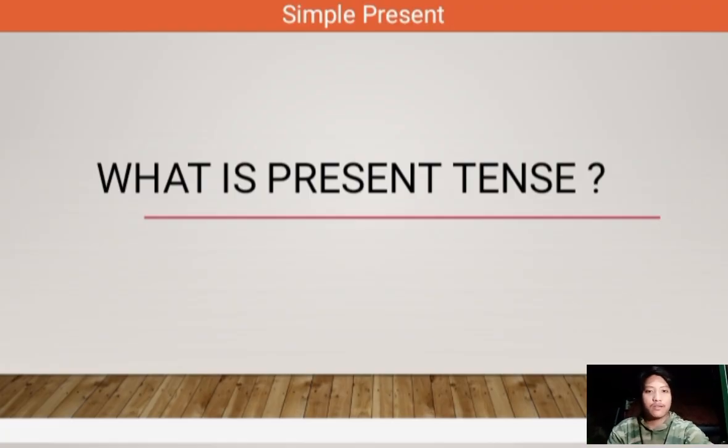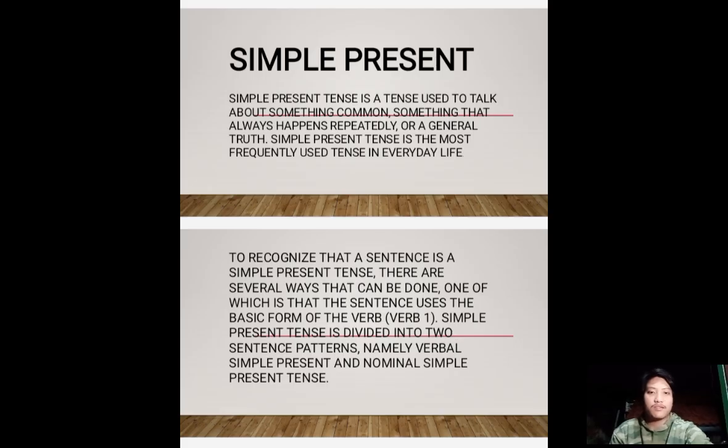What is present tense? The simple present tense is a tense used to talk about something common, something that always happens, repeats, or a general truth.